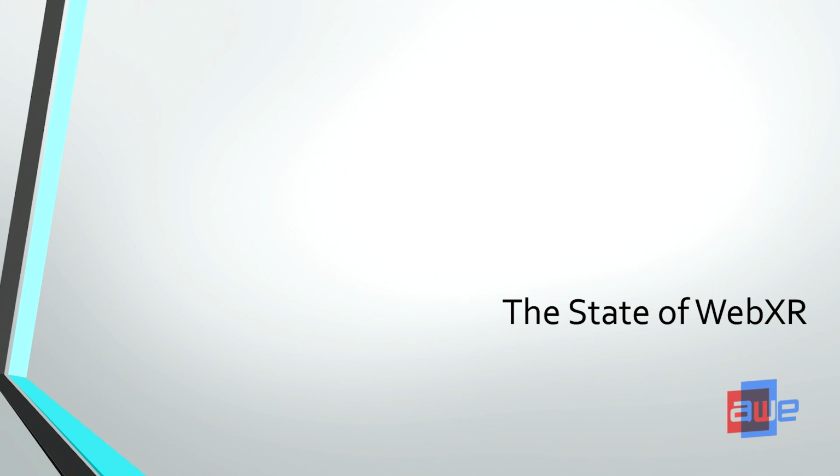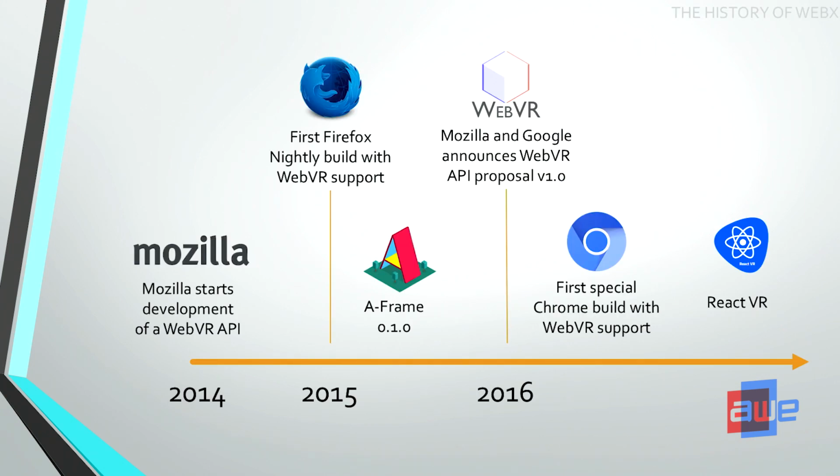So let's take a quick look at how WebXR evolved into what it is today. Now we have to go back to 2014, and we're back in Oculus Rift DK1 time here, where Mozilla started the development of the WebVR API. The next year, they had the first Firefox nightly build out with WebVR support.